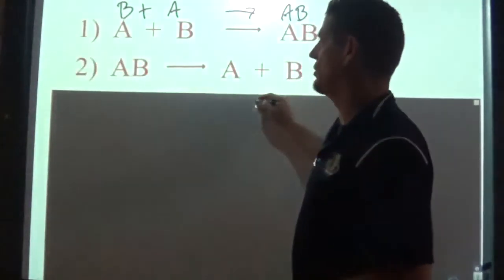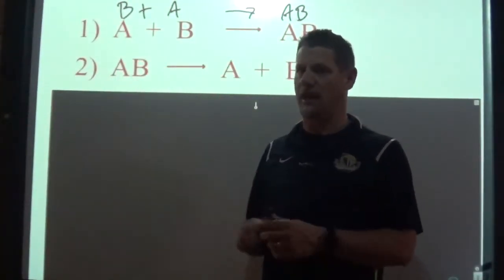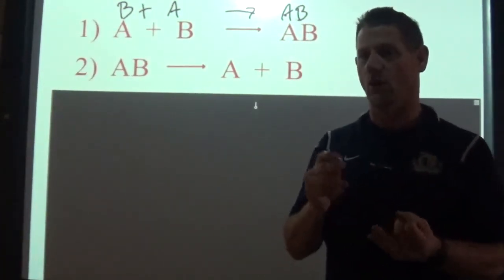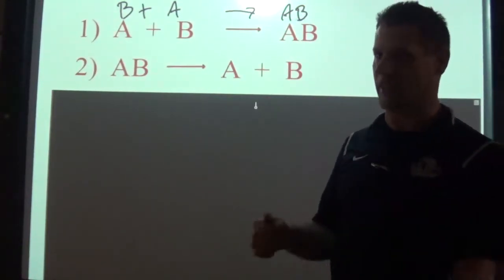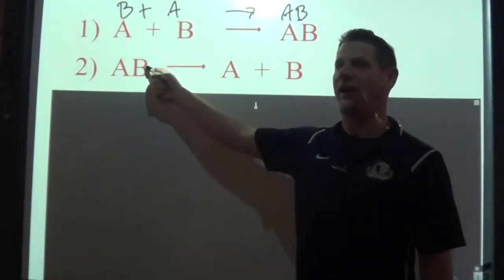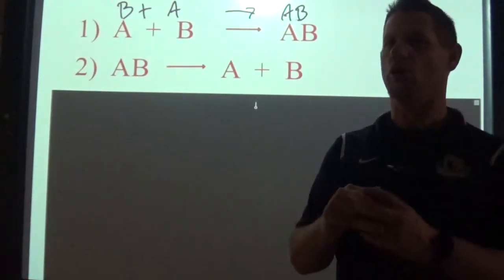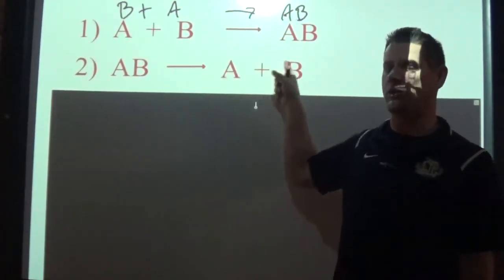The decomposition is the exact opposite. We take some compound of some kind, and we have to run energy through it in some way, whether that's heat or electricity. It's not even just banging on it with a hammer. That won't work. That's just breaking that thing apart. In order for a chemical reaction to take place, there has to be something causing those parts to break apart to reform multiple products.